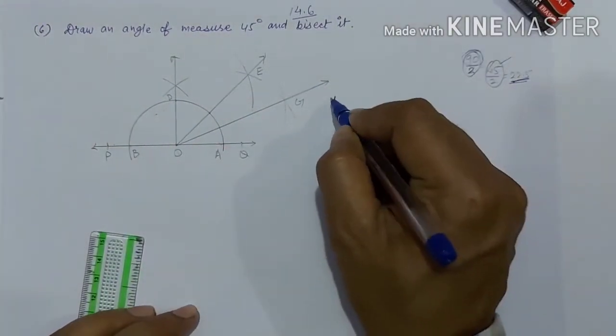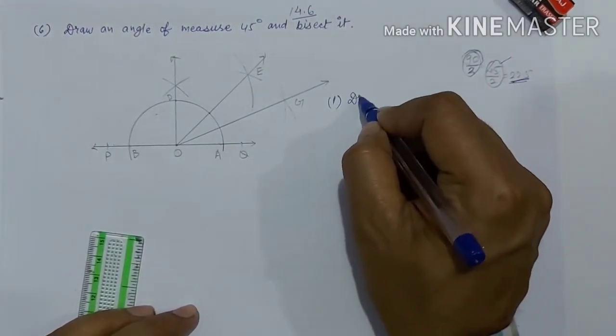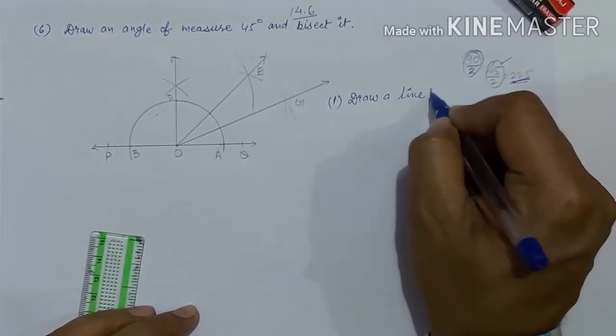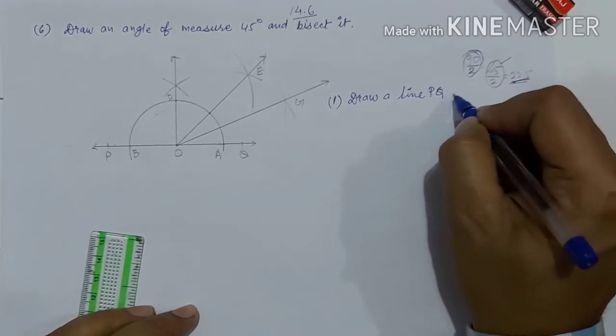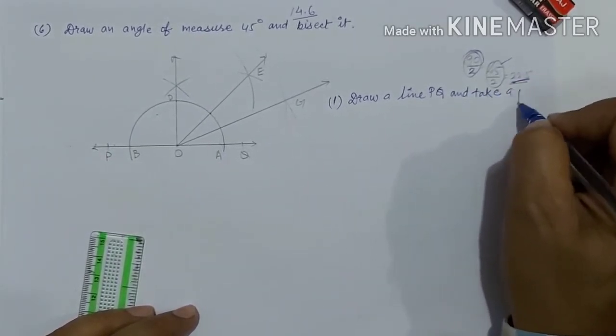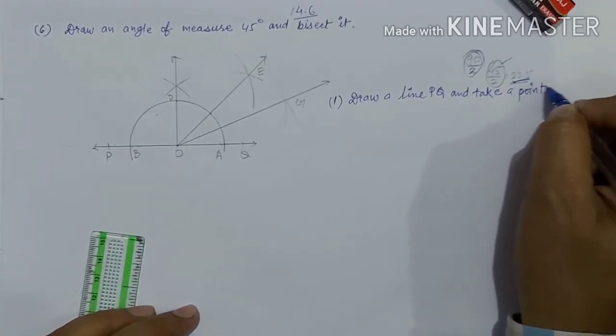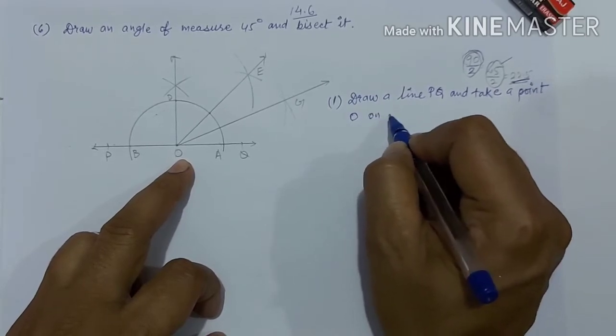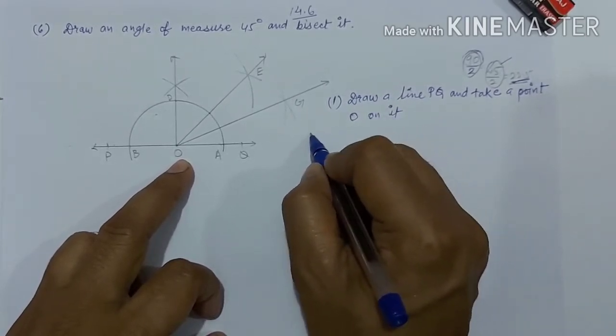First, draw a line PQ and take a point O on it.